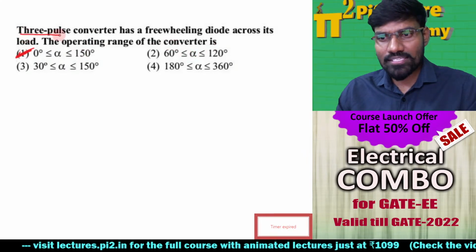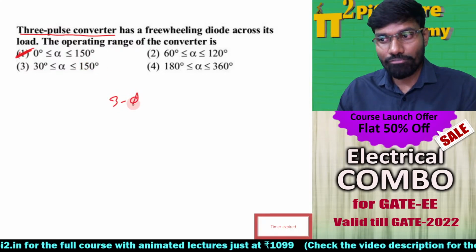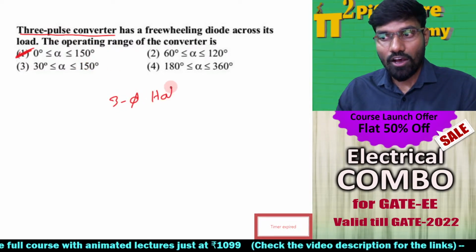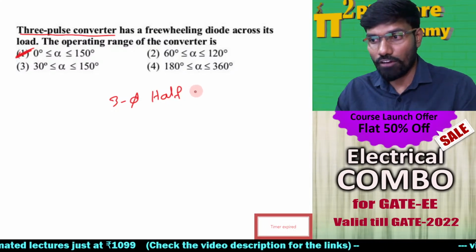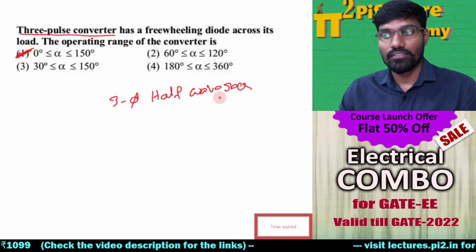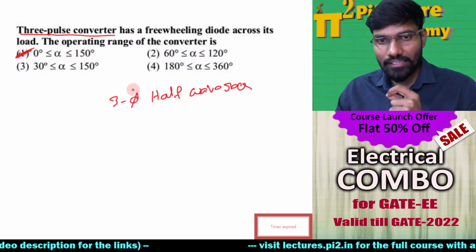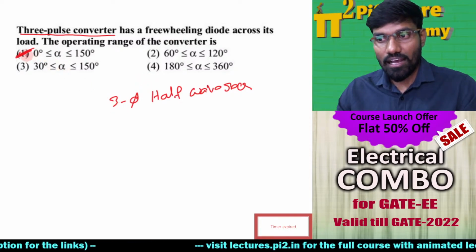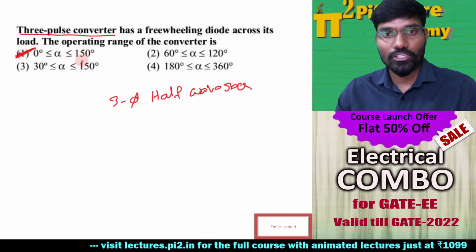It's a 3-pulse converter, which means a 3-phase half-wave controlled rectifier, because we're having alpha also. And here alpha ranges from 0 only, but till 150 only.